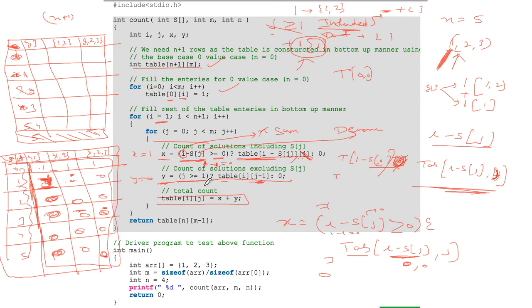That's why if j is greater than or equal to 1, it returns table of I comma j minus 1. Is it understandable why he has written this thing? Right. Now let's see included one. Now we have to include. Right. So this don't include part is done. Right. Now let's see this part. Now, what is my I now?